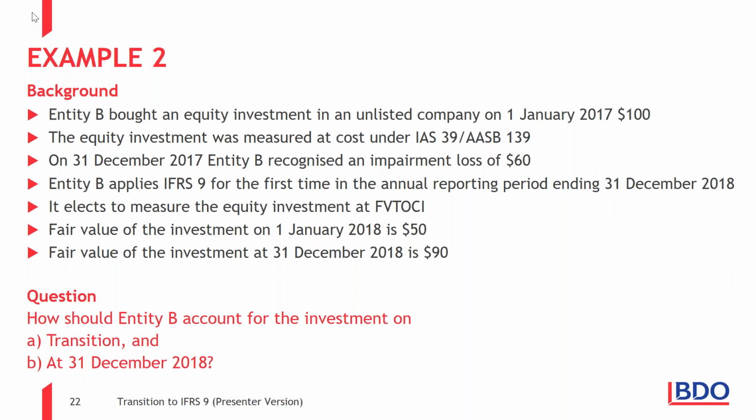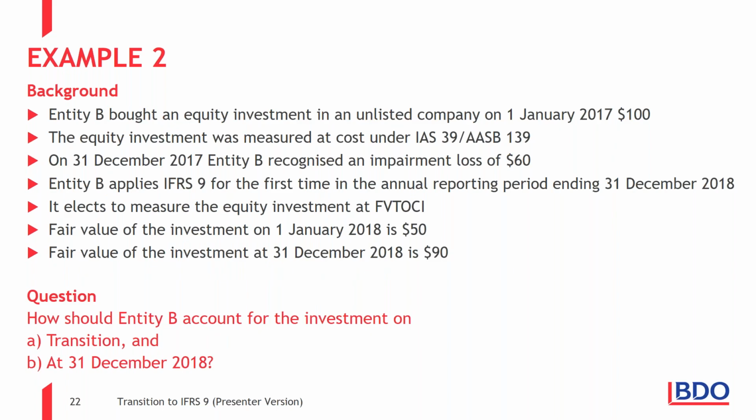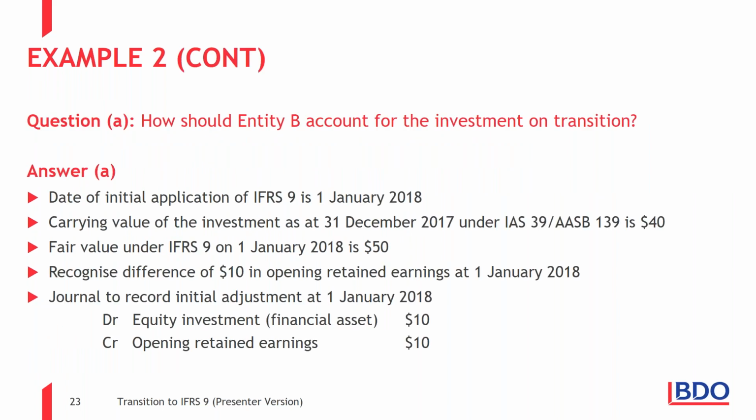Now, the fair value of the investment on the 1st of January 2018 is $50, and the fair value at the end of 2018 is $90. So the question is, how should entity B account for the investment on transition? And then also, how should entity B account for the investment at 31 December 2018? So those are the facts, and you'll have it in front of you. So let's look at the answer.